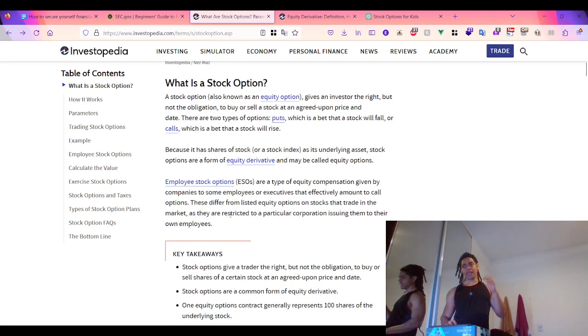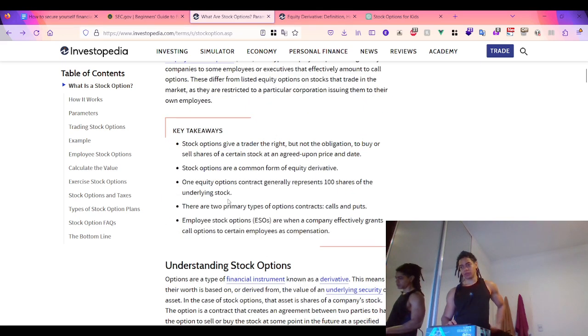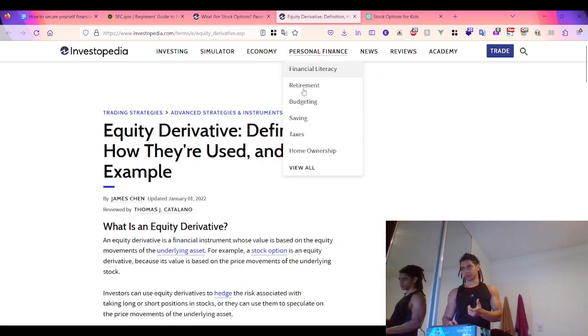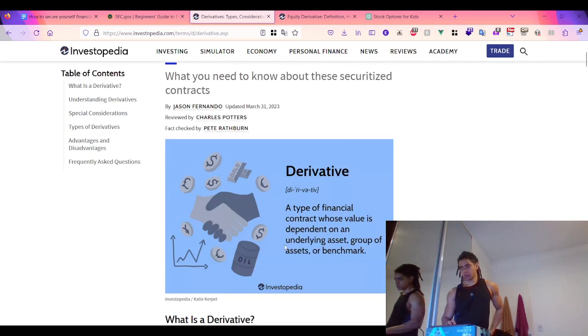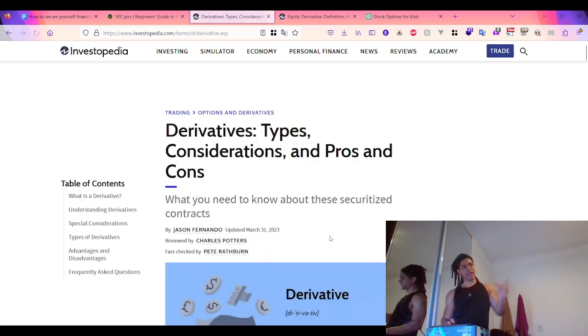Options are a type of financial instrument known as derivatives, meaning a type of contract whose underlying value relies on an asset.